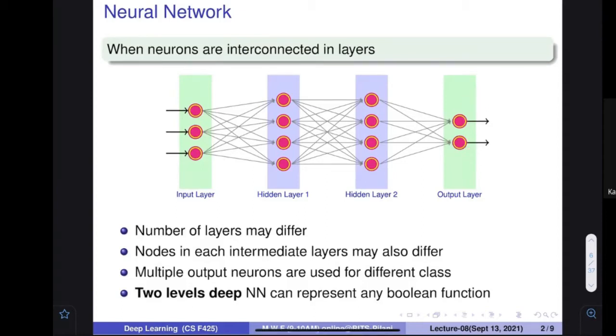But if you want to do a digit classification, for example, the MNIST database, where the images have the digits 0, 1, 2, 3, 4, 9, any kind of digit written on them, and you want to classify, then for every digit you have to put a neuron as an output.